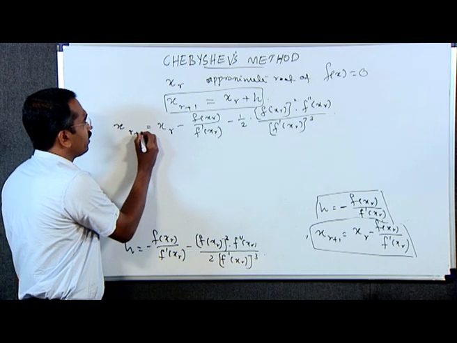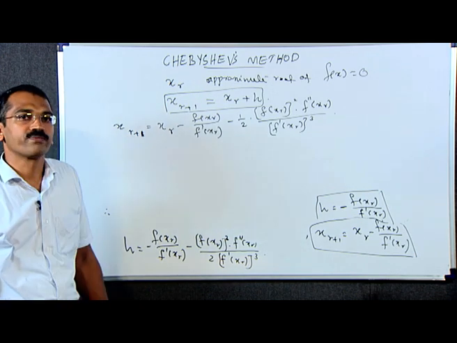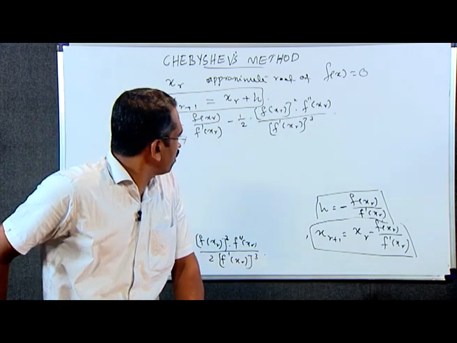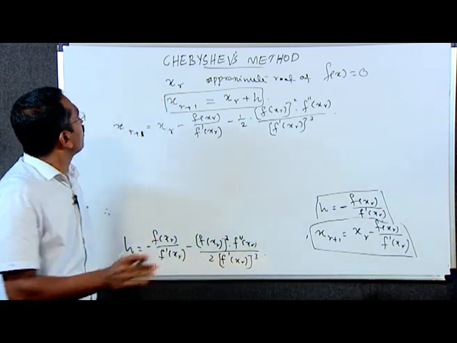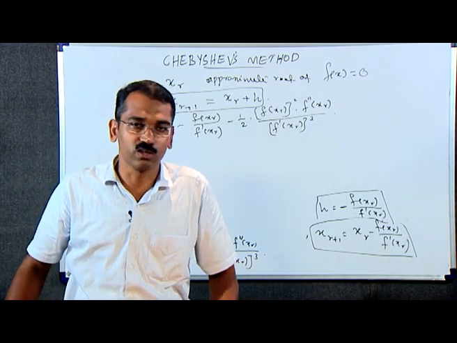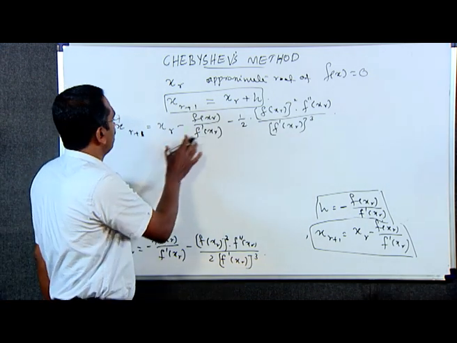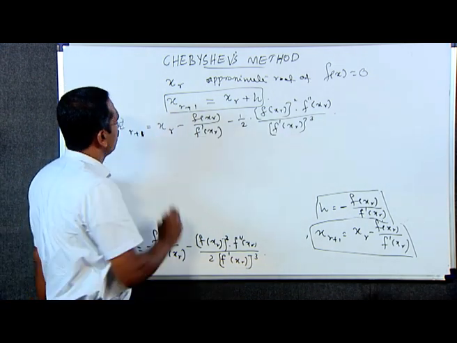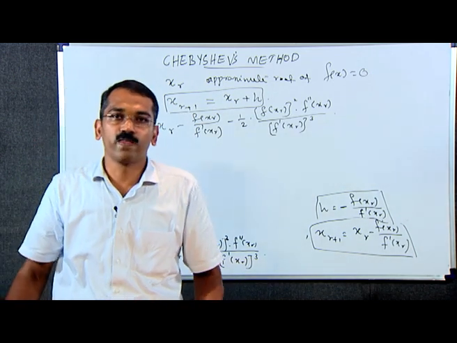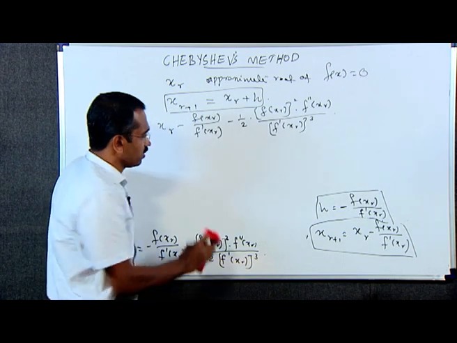This formula can be used as an iterative formula in order to get a better approximation of the exact root of the given equation f(x) equal to 0. This is known as the iterative formula used in Chebyshev's method. Now consider an example.